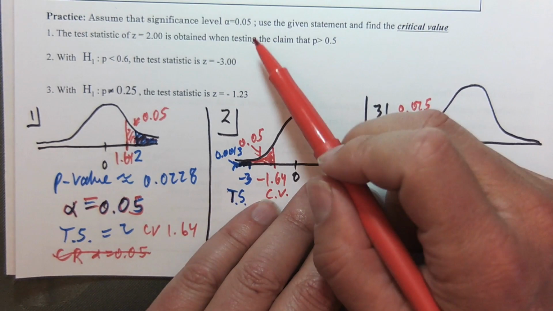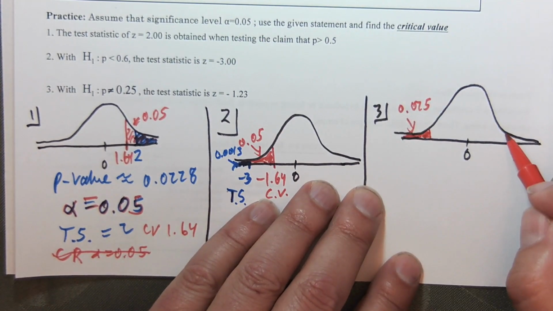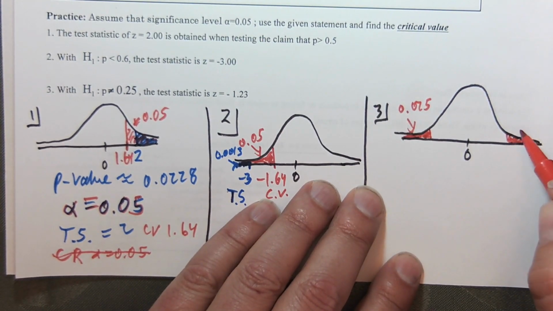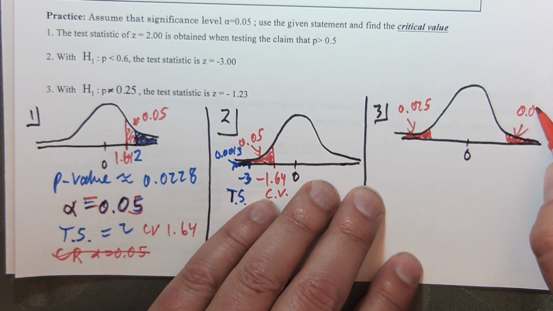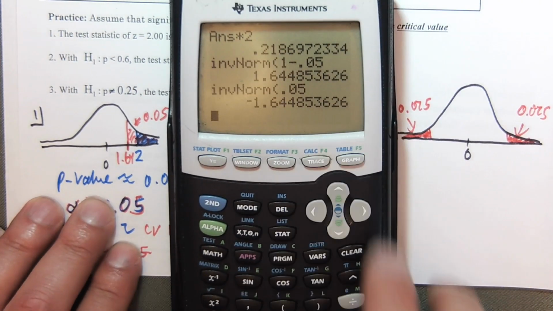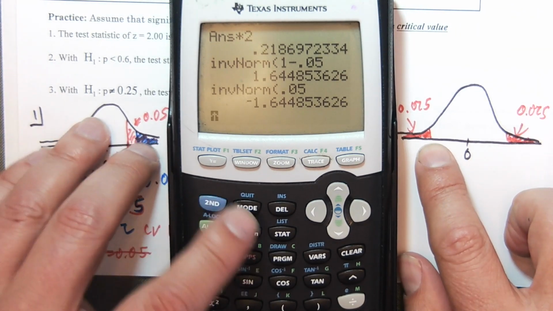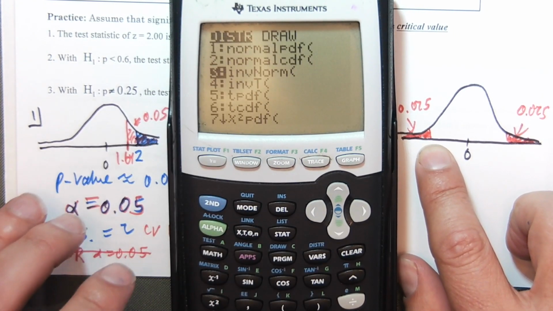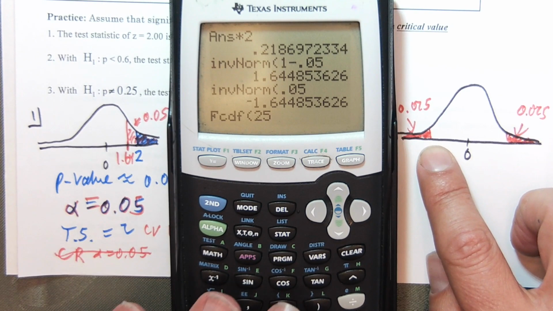So that's that 5% split up in two. Then the other half is here. And so we have new critical values. So I'm going to do area to the left here. So inverse norm of 0.025. That'll give me the left one here.